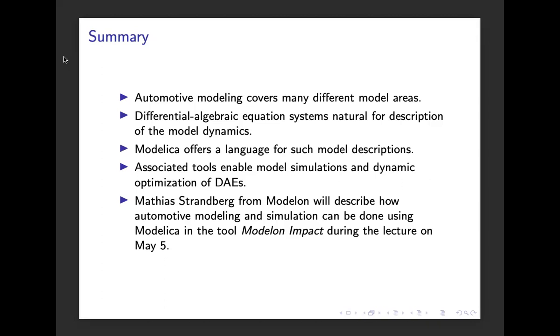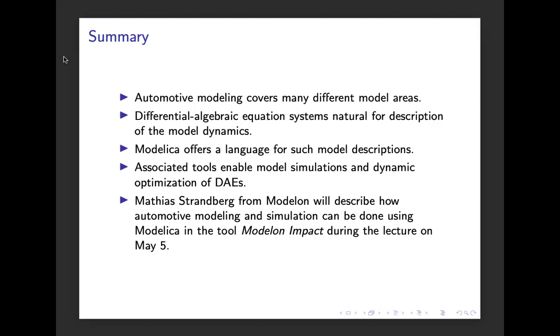Now, I didn't discuss that a lot during the lecture here, but code generation for real-time execution, for example, is one very important area for vehicular modeling as well. You use the outputs from these models in the online control, for example, in supervision functions.